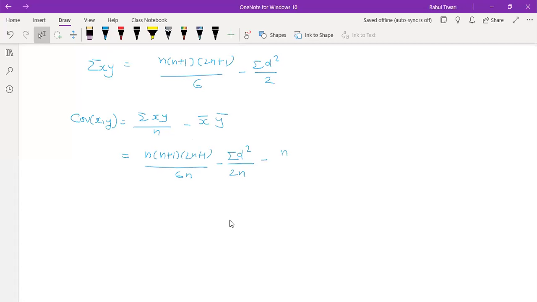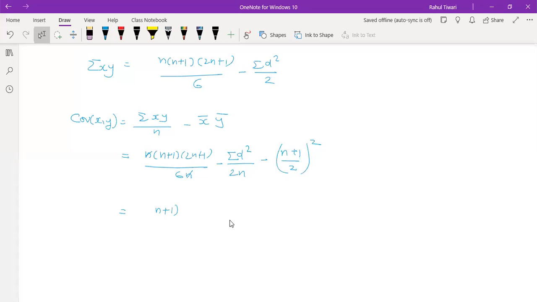So x bar y bar is what? N plus 1 by 2 whole square. Okay. Now what else? This n will get cancelled with this n. What is remaining? N plus 1, n plus 1, or you can just keep on multiplying the things. Okay. Whichever way you want, you can do, no problem.